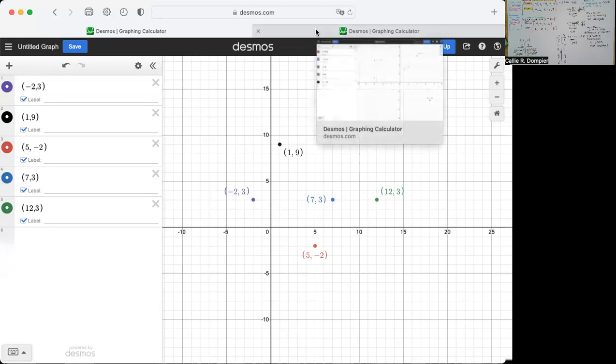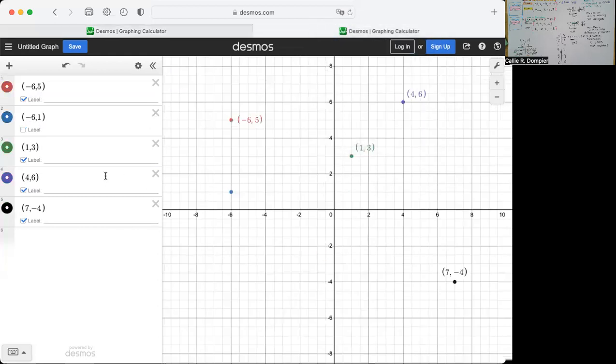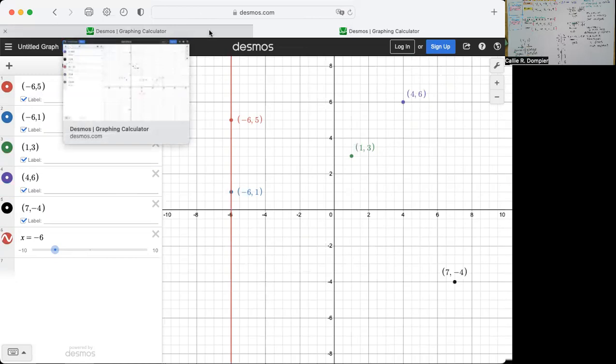However, let's look at 8 now. This was question 8, and what we see, if we start from left to right, is an x value of -6, 5, and an x value of -6, 1. Here's the problem, okay? So when x is -6, y is at the same time 1 and 5. That's the problem, okay? I'm going to go back to the other graph now.